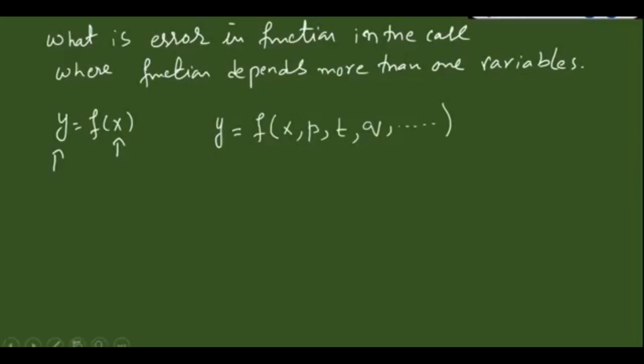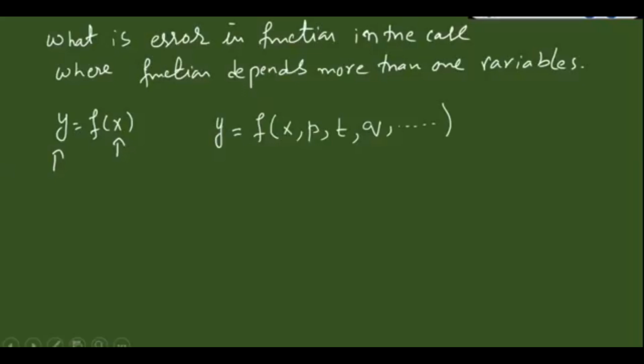Because in this case we have a similar issue, but in a more complicated representation, because this y can be changed or influenced not only by x, not only by p, not only by t, not only by q. However, this could be changed or get error based on all these variables at a time.